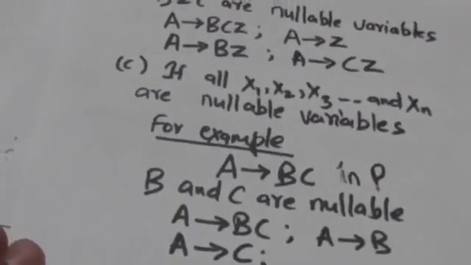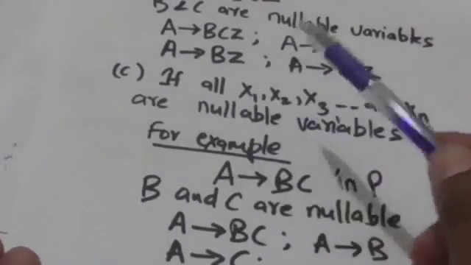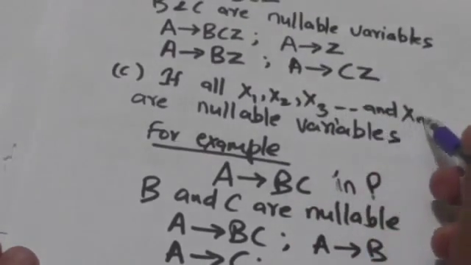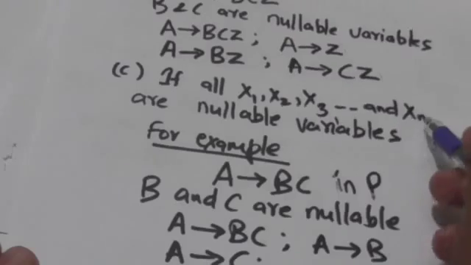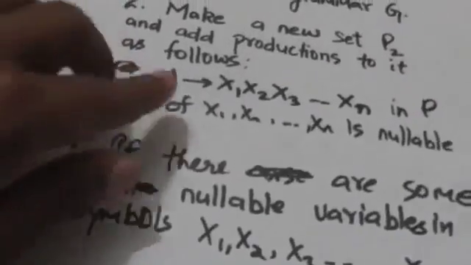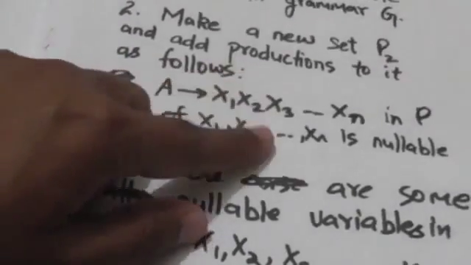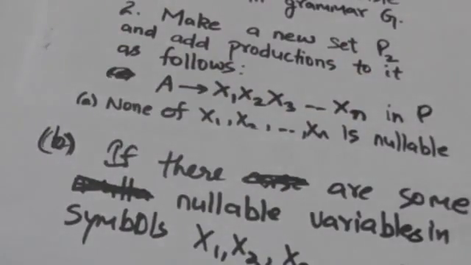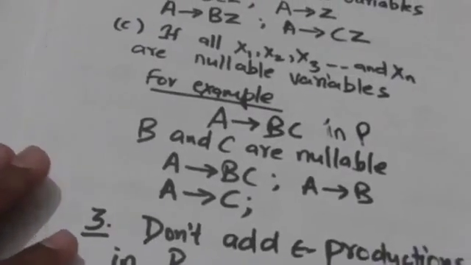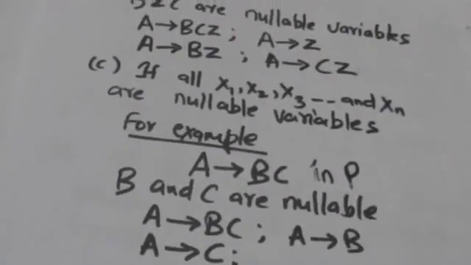Now, if all symbols x1, x2, x3 up to xn are nullable variables in the production A derives x1, x2, x3 up to xn in set P, then what will we do?